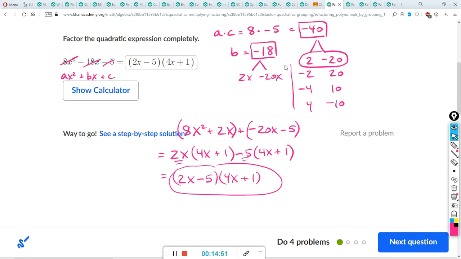Okay, so that's it. In all these, you're looking for two numbers that multiply to a times c and add to b. Okay, replace the b term with the factors that you get, and if these are both negative, just add a plus sign in between the parentheses at first, but then at the end you see they're going to be multiplied.